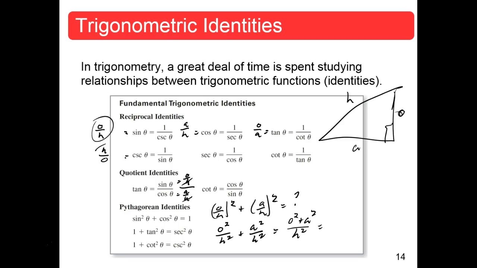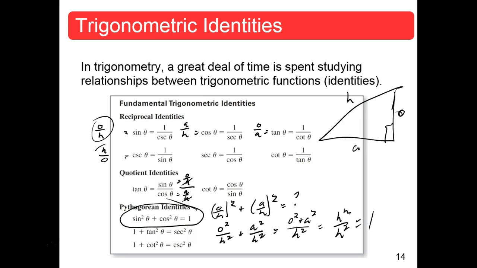Opposite squared plus adjacent squared, that's the hypotenuse squared. And hypotenuse squared over hypotenuse squared is 1. There is your fundamental Pythagorean identity. Know it. Get to know it.